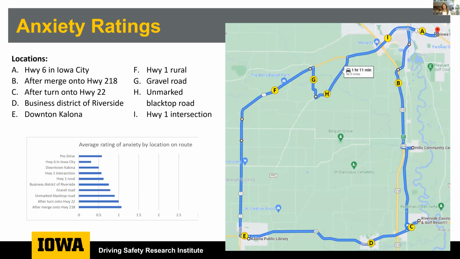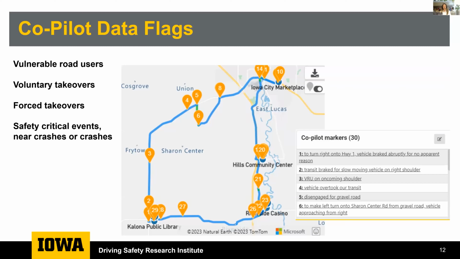And then lastly, the co-pilot not only functions as a second set of eyes for the safety driver, but they're also responsible for placing flags in the data. So flags are placed whenever vulnerable road users are encountered, and then the co-pilot records whether the vehicle was in automated or manual mode during those encounters. They also flag voluntary and forced takeovers.